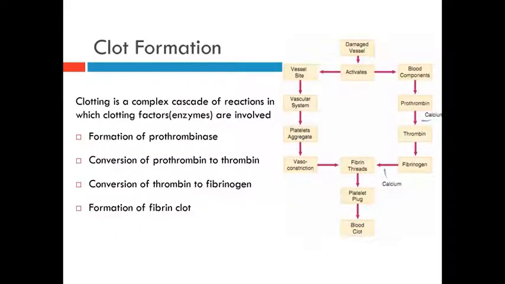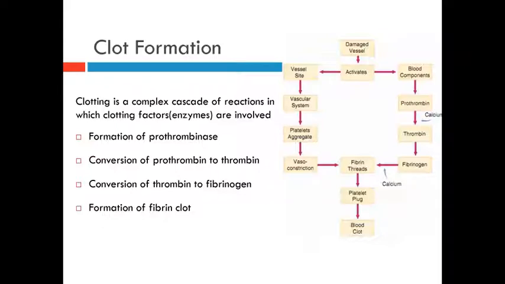Coming to clot formation, clot is a complex cascade of reaction in which clotting factors are involved. For us, the important thing is to understand how the clot is formed. If you look at the diagram on right side, there is a damaged blood vessel which activates blood components which results in formation of prothrombin.